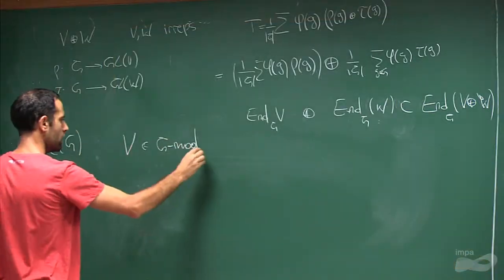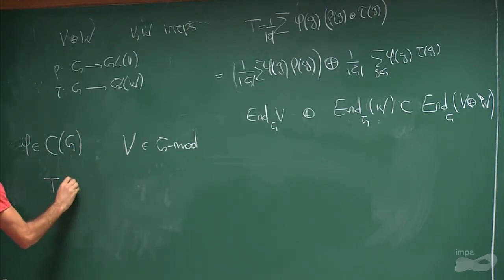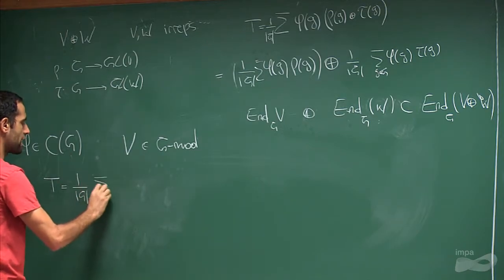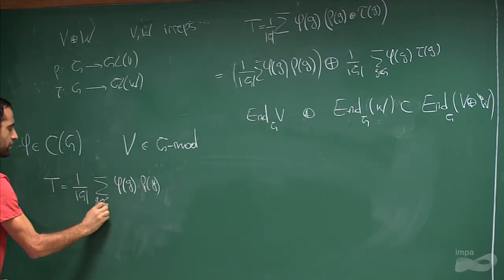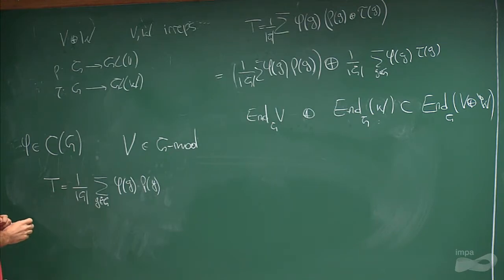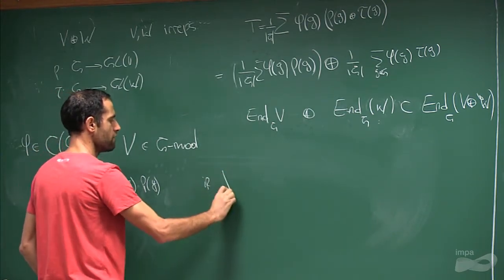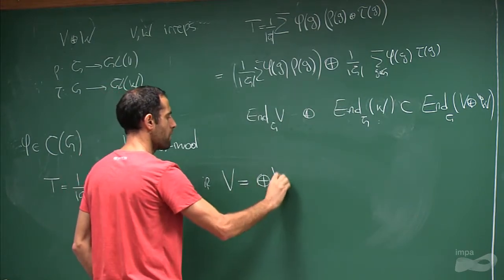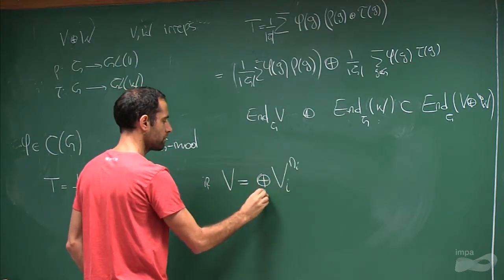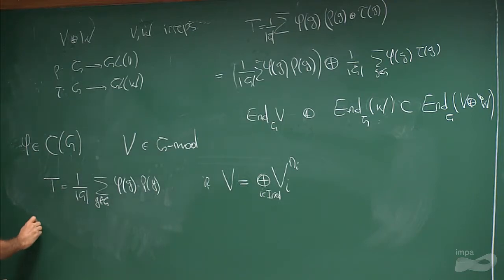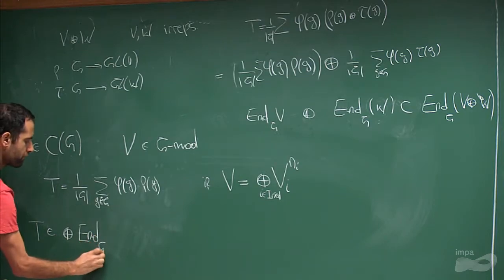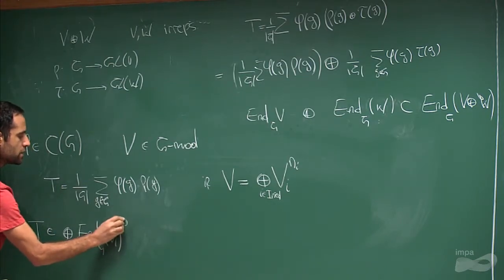Then you write T to be 1 over G times the direct sum of phi of G rho of G, for G in G. Then not only is T invariant, but if V is the direct sum of Vi to the Ni, and this is the decomposition of V in irreducible modules, then T belongs to the direct sum of the endomorphisms End_G of Vi to the Ni.